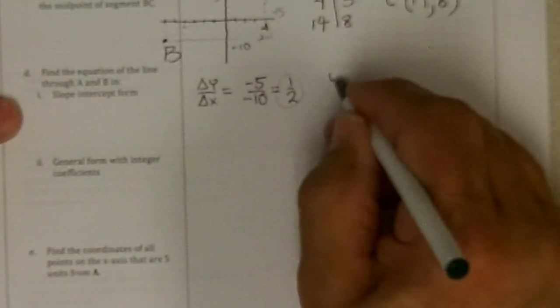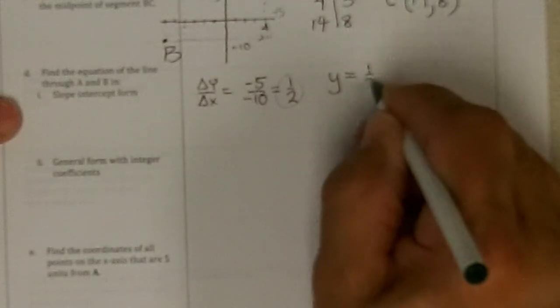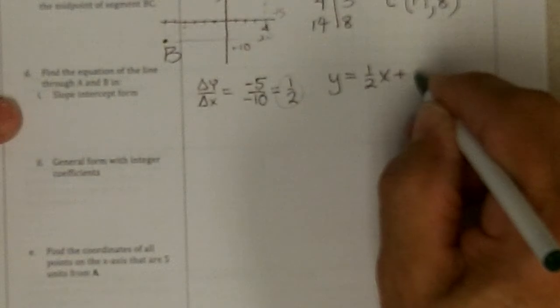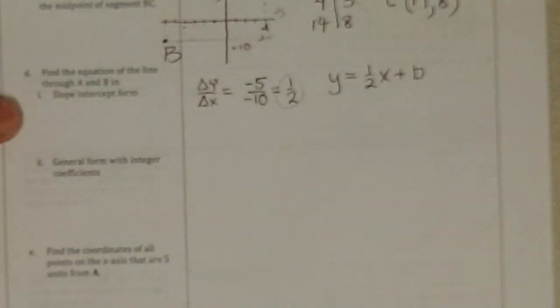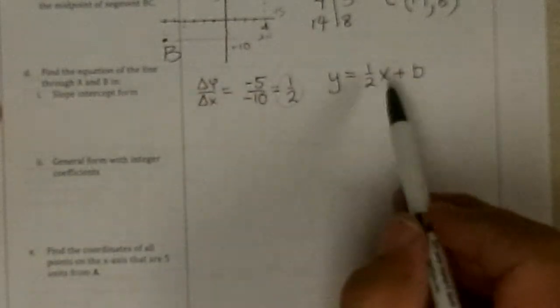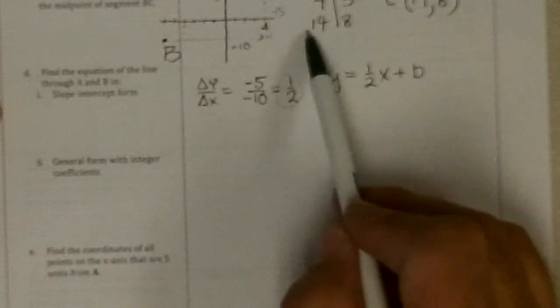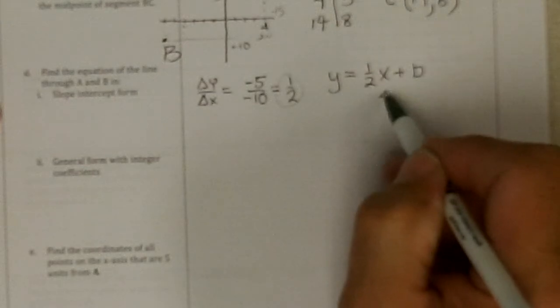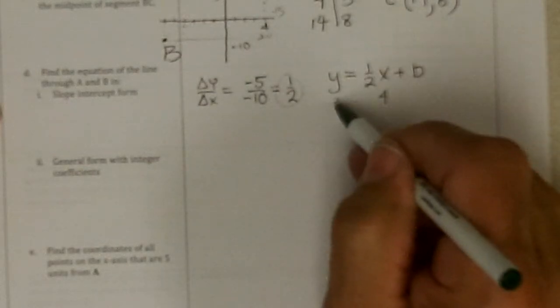So the equation would be y equals 1/2 x plus the y-intercept, which we use the letter b for, and if we don't know what b is, we can solve for it by putting in one of the points that it goes through. So avoiding the negatives, I'm going to put in 4 for the x, and I'm supposed to get 3 for the y.